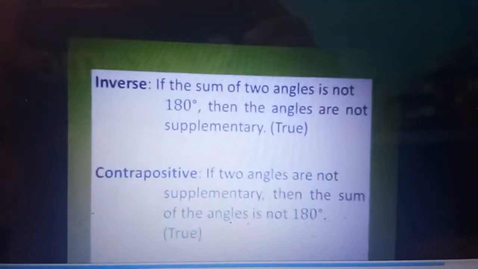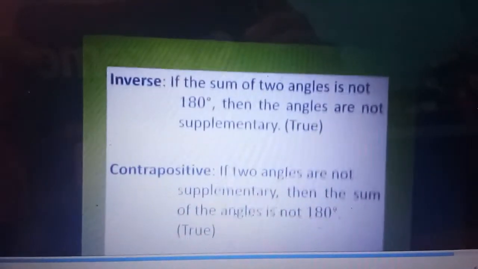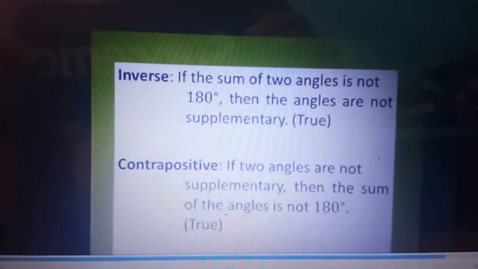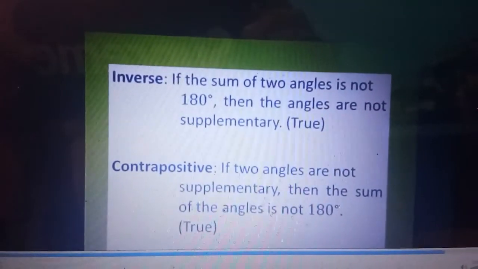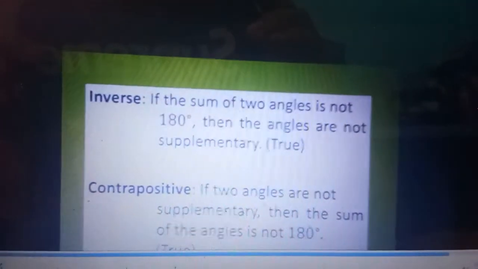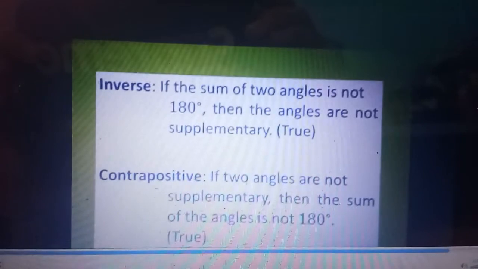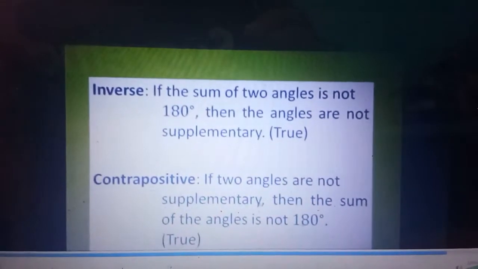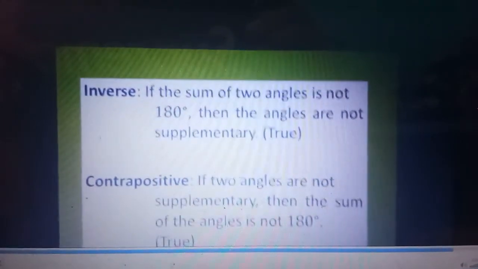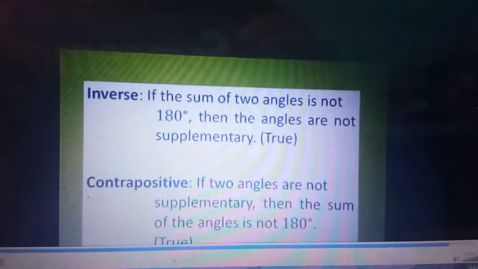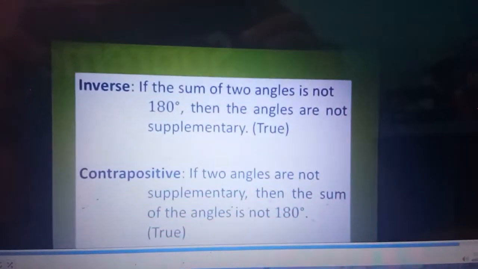It is true. In the inverse, if the sum of two angles is not 180 degrees, then the angles are not supplementary. And the contrapositive: if two angles are not supplementary, then the sum of the angles is not 180. Again, how do we get the contrapositive? We're going to negate the converse statement.